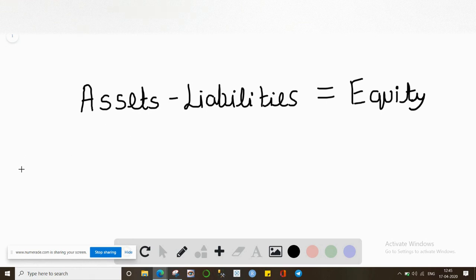Now this equation is known as the accounting equation.